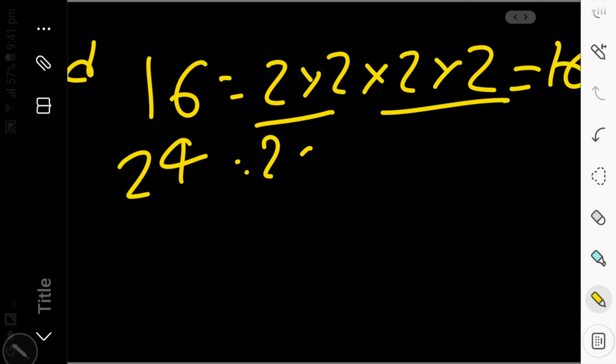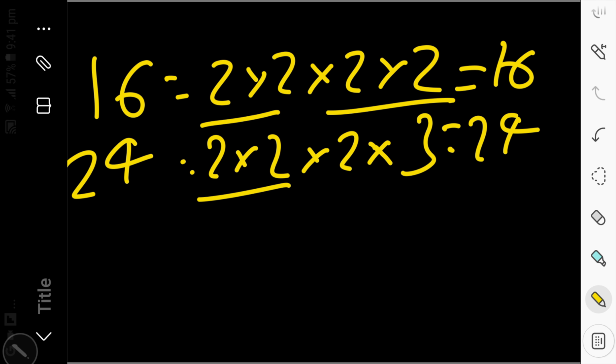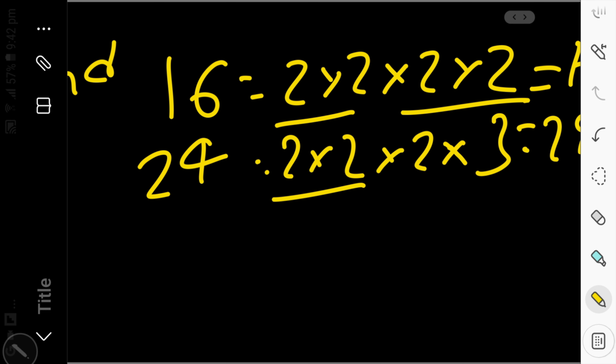Then 24 is 2 into 2 into 2 into 3: 2 into 2 is 4, 4 into 2 is 8, and 8 into 3 gives us 24. So this is the prime factorization of 16 and 24.